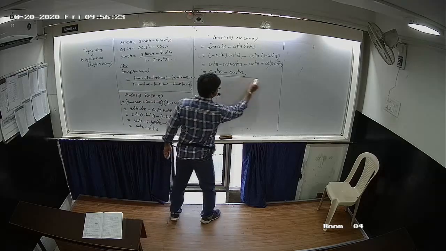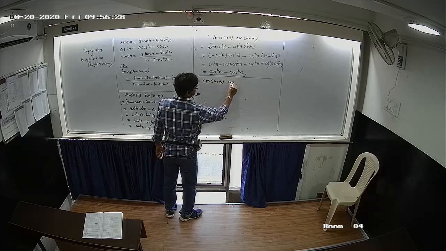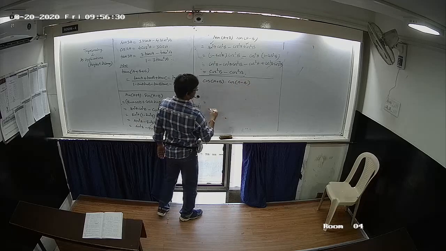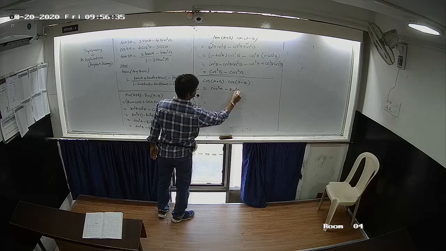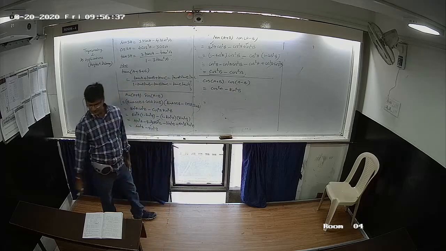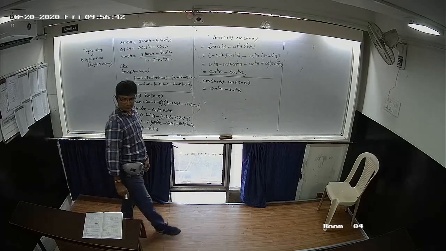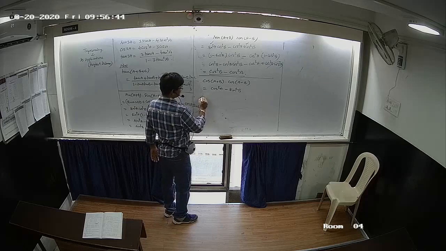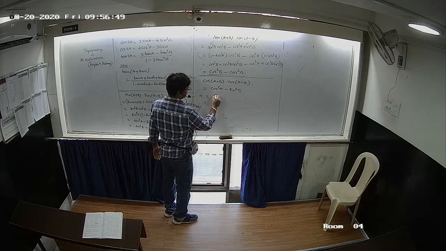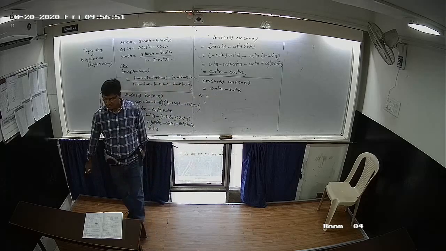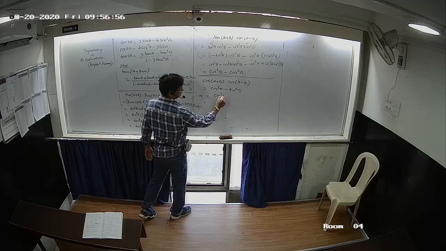Similarly, cos(A plus B) into cos(A minus B) will be equal to cos square A minus sin square B, or it is equal to cos square B minus sin square A. Anyways, it depends upon the conversion.